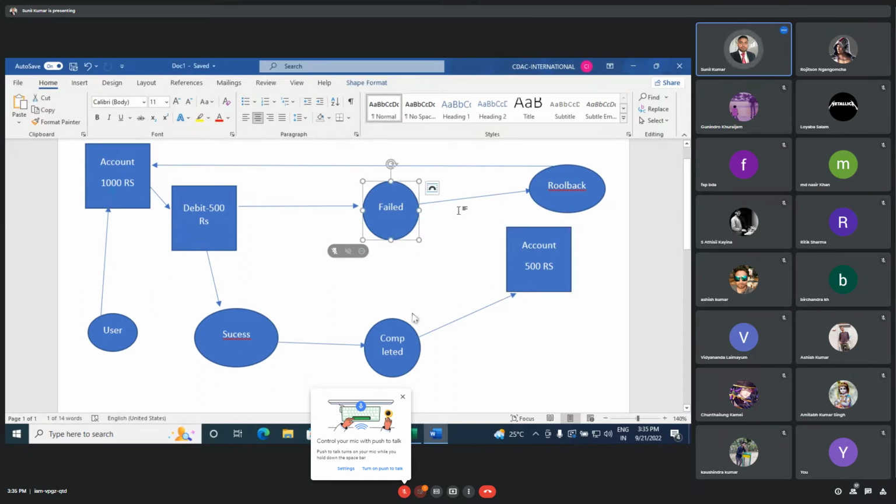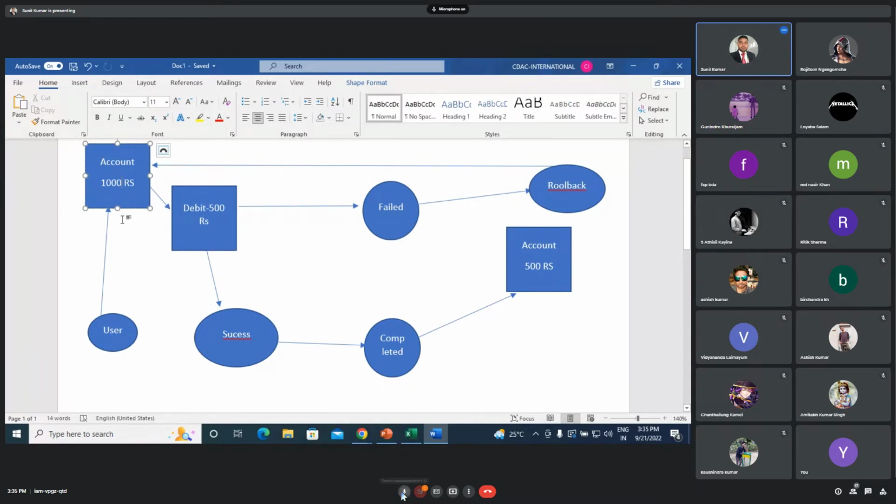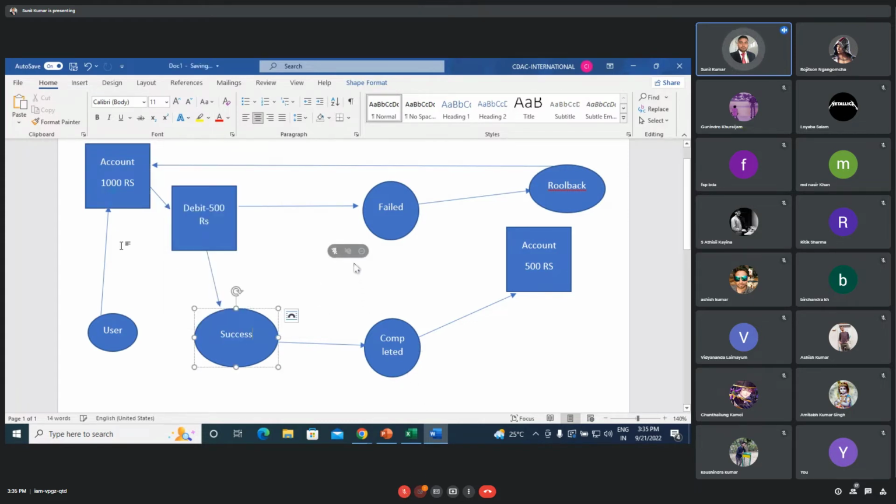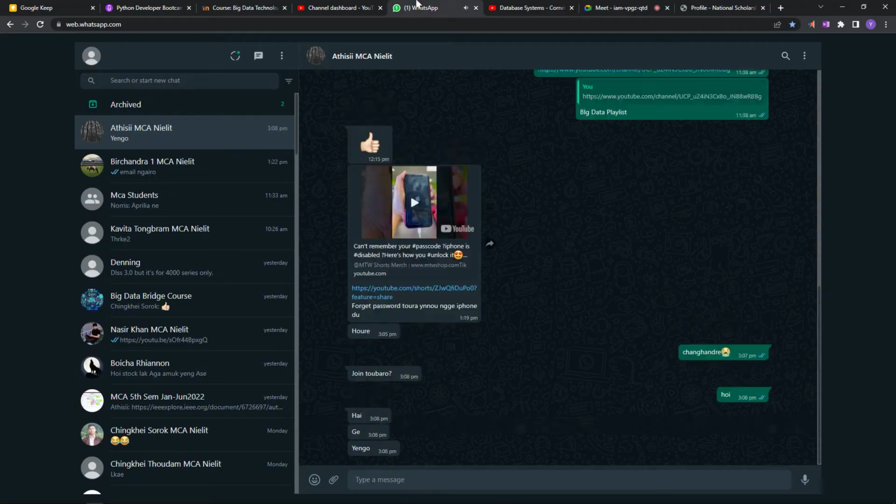If the operation failed, what will happen? 1000 rupees should be in your account, right? What was the initial balance in your account? It was 1000. So when 500 is deducted from your account, what will be the remaining final balance? 500 rupees. So if the operation is not successful, then it should be 1000. So there is no meaning of 1500, right?